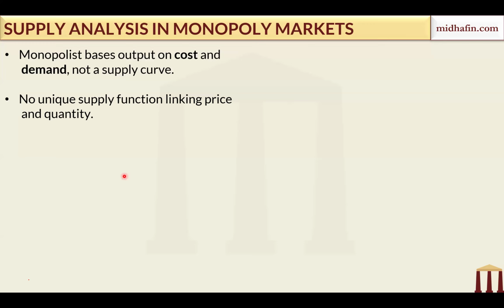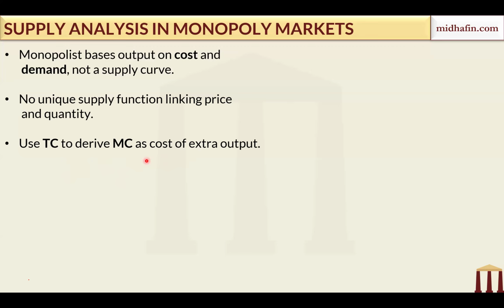Now, the total cost will be used to derive marginal cost as the cost of extra output. So if we have to decide how much to produce, the monopolist will use the total cost function. No curve is required, just the total cost.